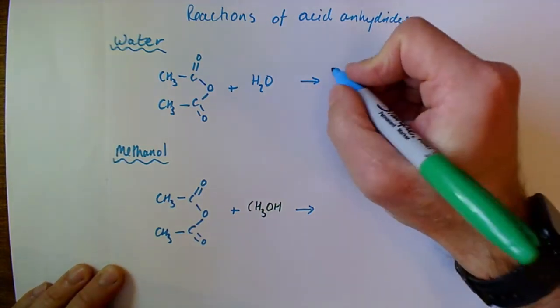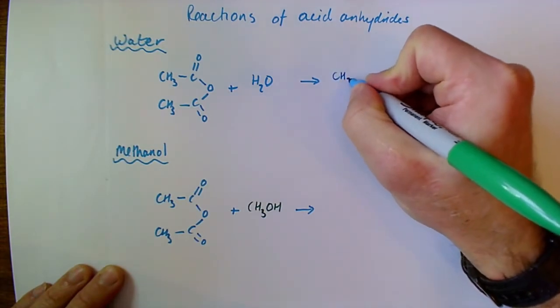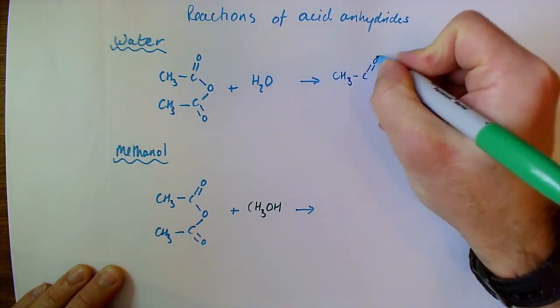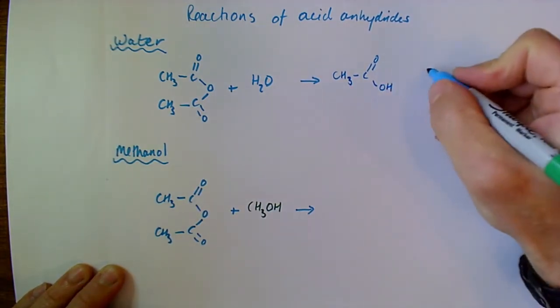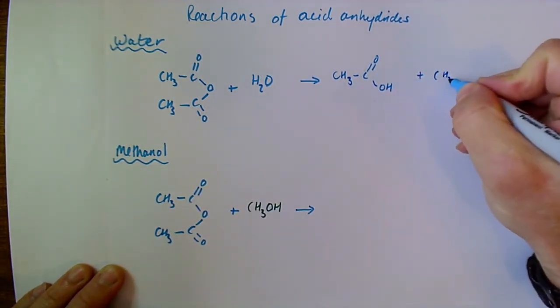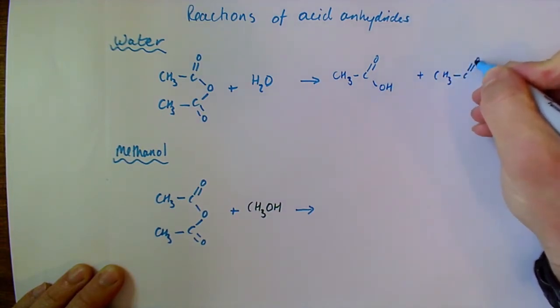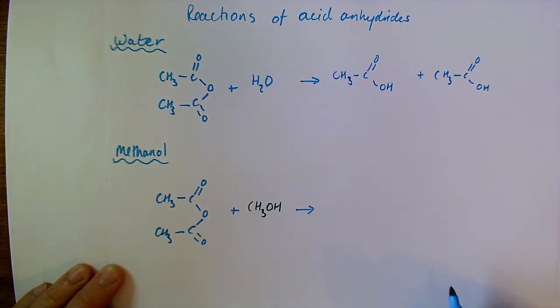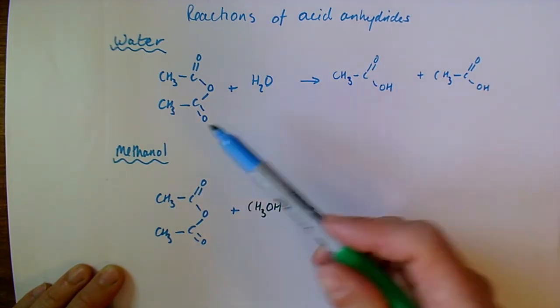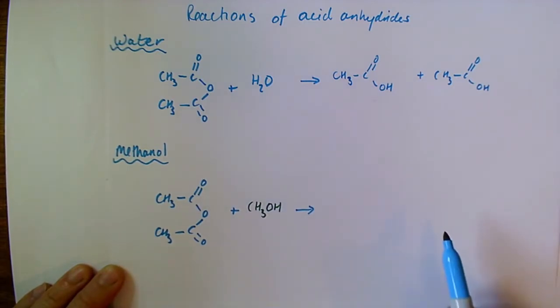So what happens here is this is going to break it down back into our acids. So I'm going to make 2 identical ethanoic acids. One of those sort of pointless reactions, but does demonstrate that these things can hydrolyze, so they can break apart if they're left in aqueous solutions or water is present.